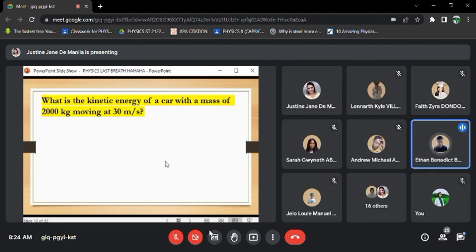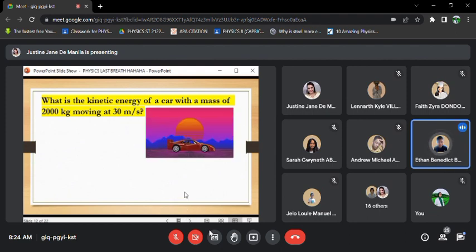What is the kinetic energy of a car with a mass of 2,000 kilograms moving at 30 meters per second? So, now, let's identify first the given.